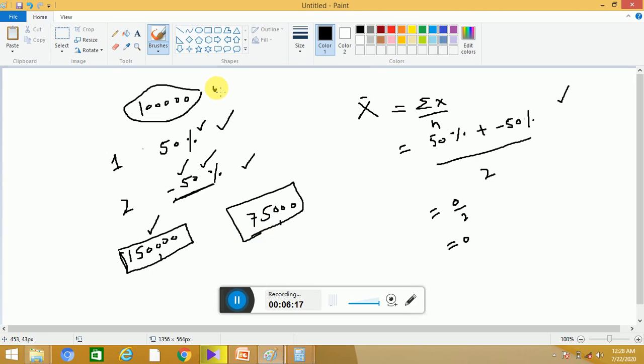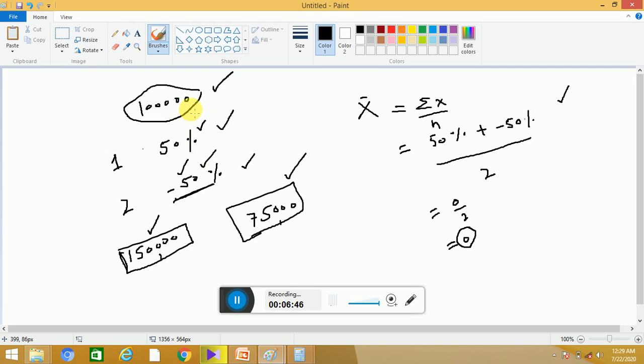Now see what was our initial amount, 100,000, and what is our closing amount, $75,000. So there is a loss. But arithmetic mean is telling us that there is 0% profit, means no profit, no loss.